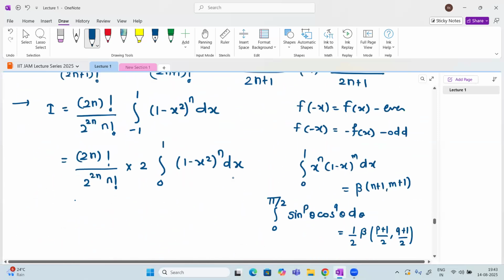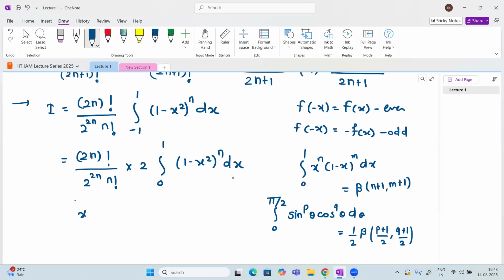So you have two options. Either you put x equal to sine theta and convert in terms of sine and cos, or put x square equal to t and you will again get the same. So now it's your choice. How shall I solve this one? So by using x square equal to t. Okay, as you wish.